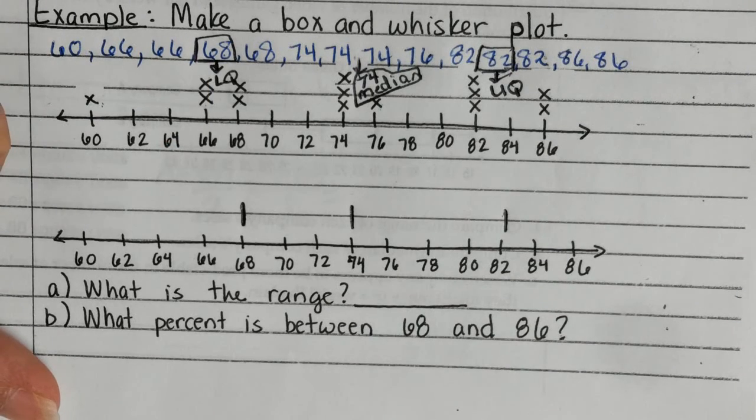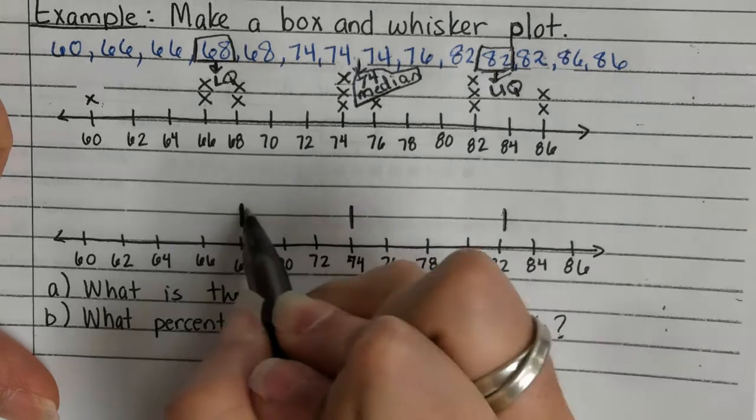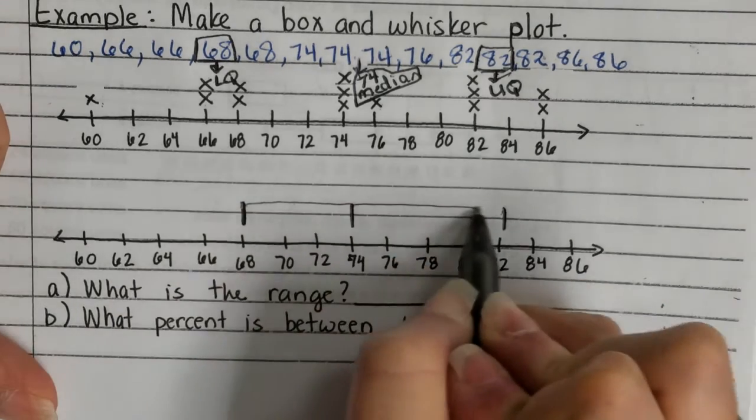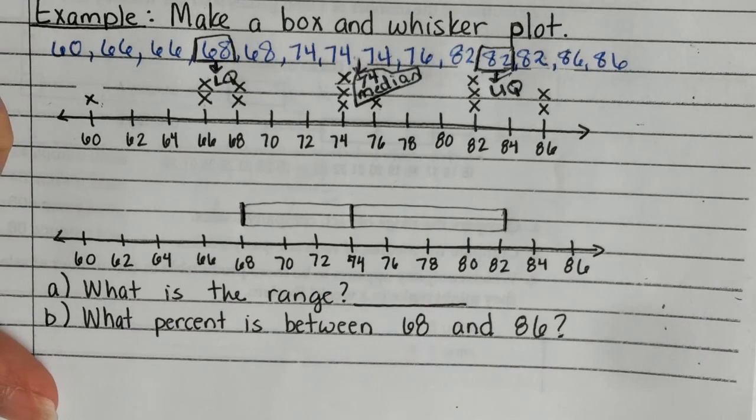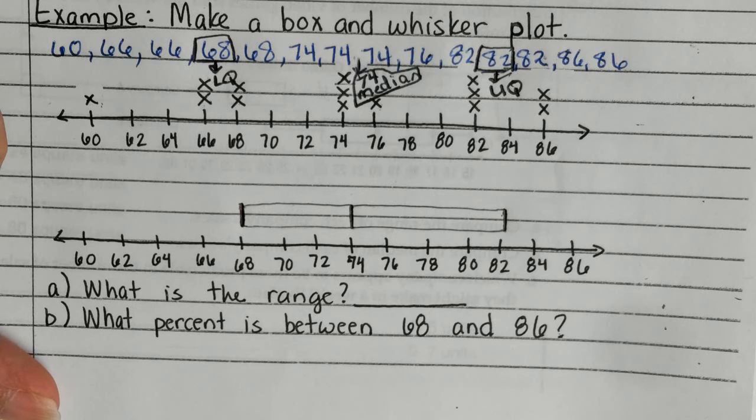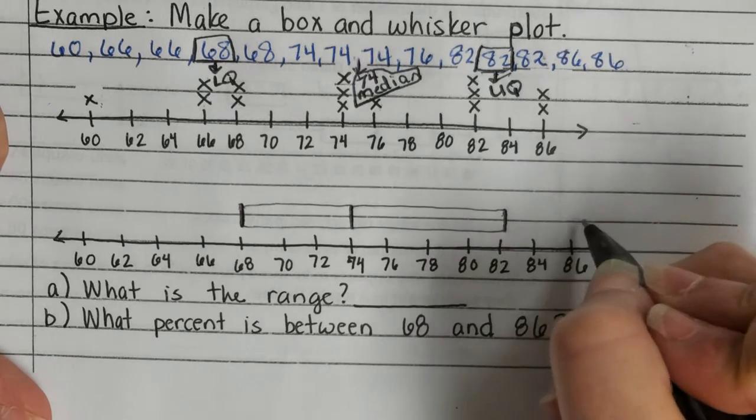I stop right there and connect the box, because if not, it looks like a crazy thing has happened. Go ahead and connect the top and connect the bottom. Because it's called a box and whisker plot. Box. Okay, now whisker, shoot out to 86.